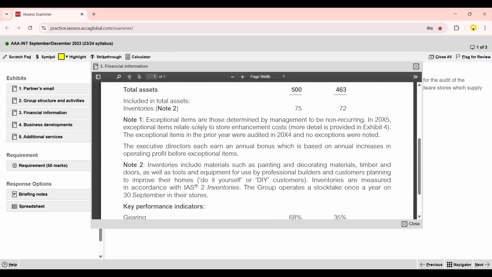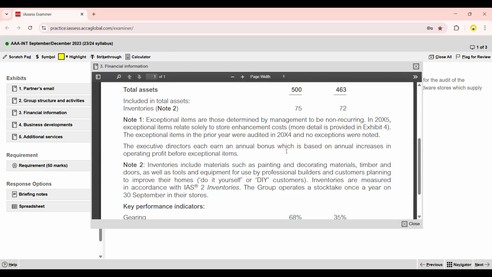Note 1. Exceptional items are those determined by management to be non-recurring. Non-recurring means one-off. In 20X5, exceptional items relate solely to store enhancement costs. More detail is provided in Exhibit 4. The exceptional items in the prior year were audited in 20X4 and no exceptions were noted.